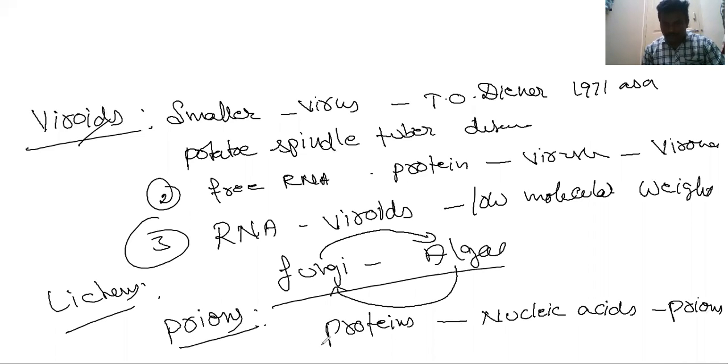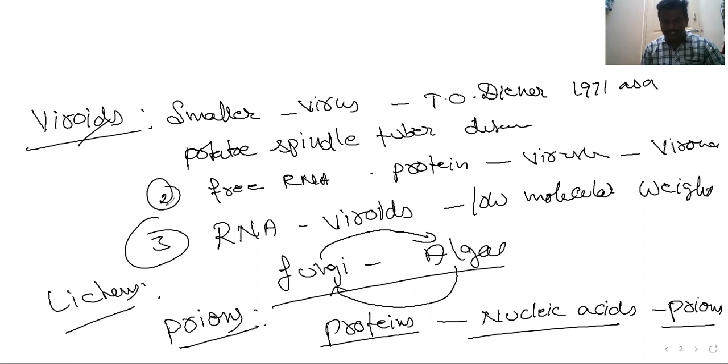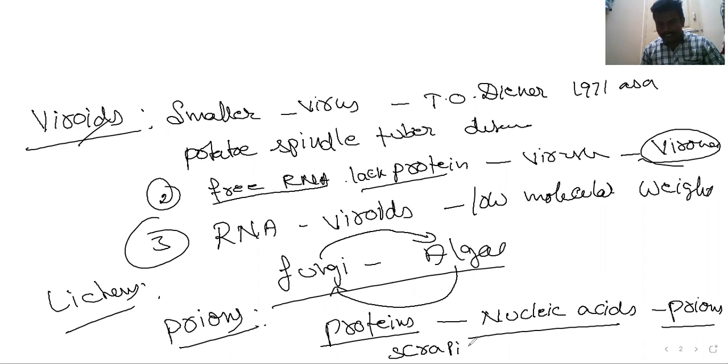Only proteins are present; nucleic acids, either RNA or DNA, are absent. But in viroids, free RNA is present but proteins are lacking. Prions cause scrapie disease of sheep and mad cow disease.